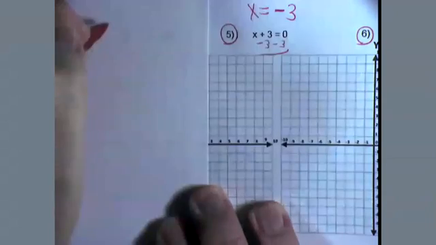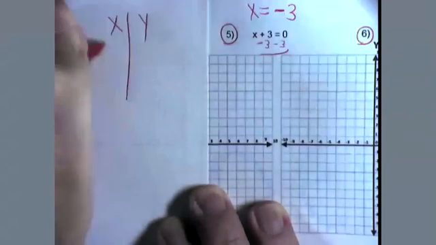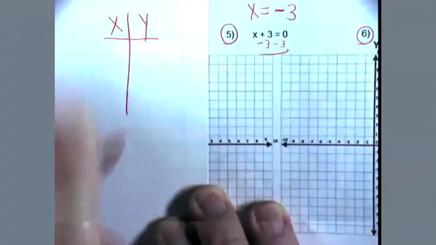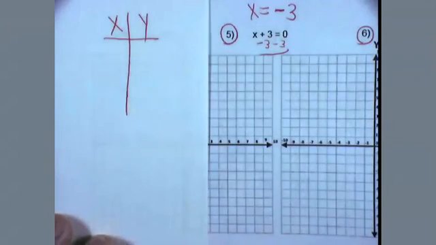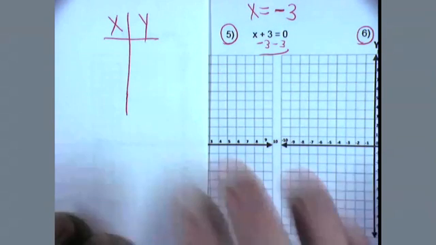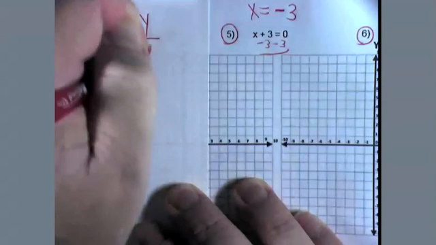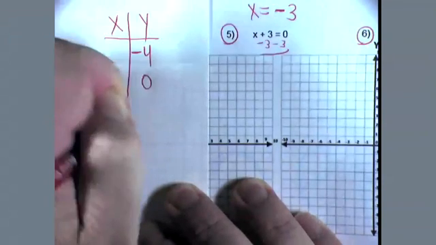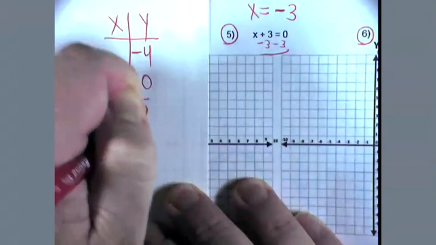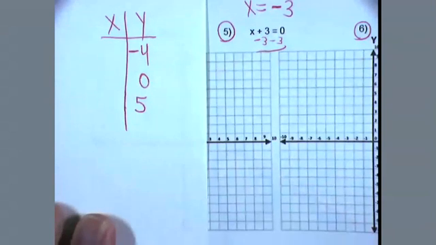Now you still draw your xy table. I can pick anything that I want to for y, just any random negative, positive, or even 0 values. I'll just say negative 4, 0, and positive 5. It actually doesn't matter what you pick for y, just randomly generated points.